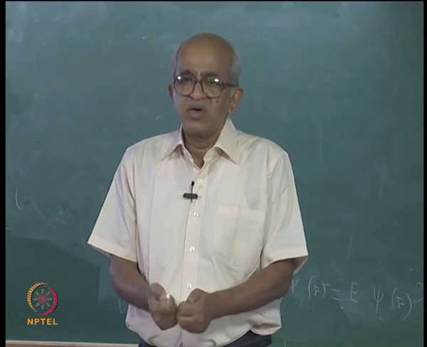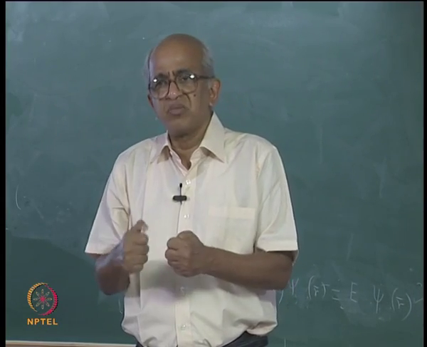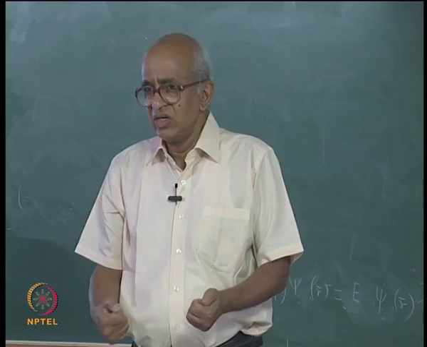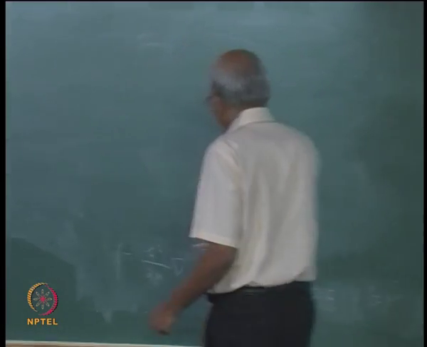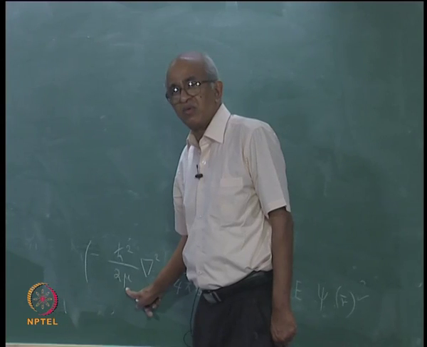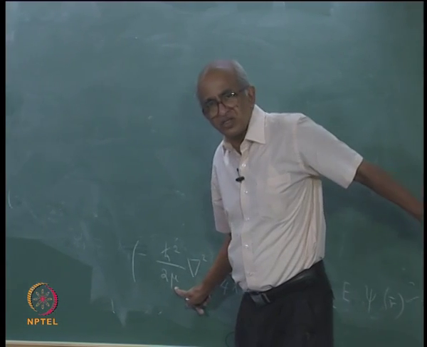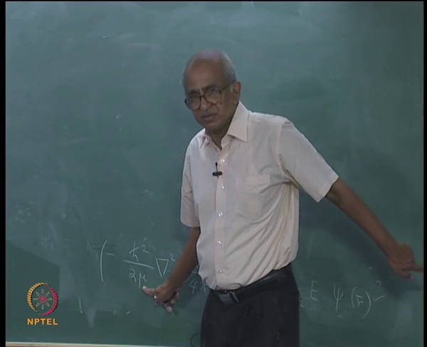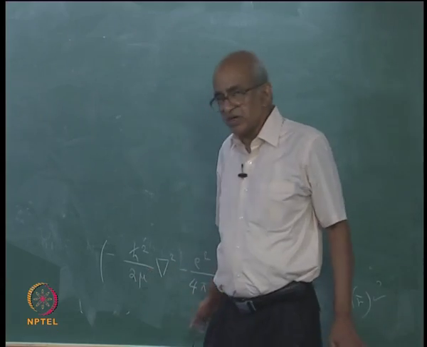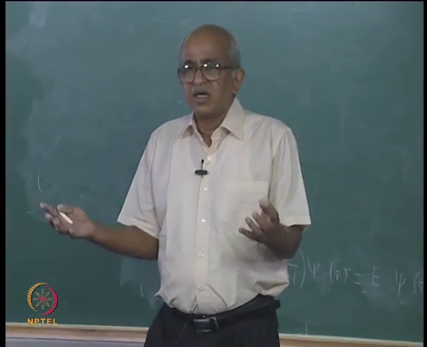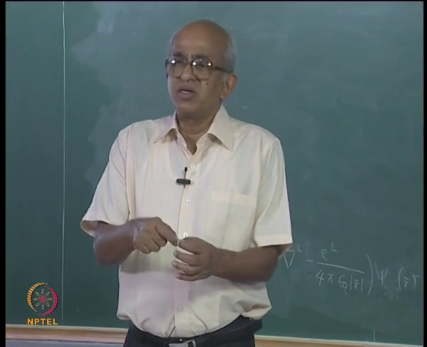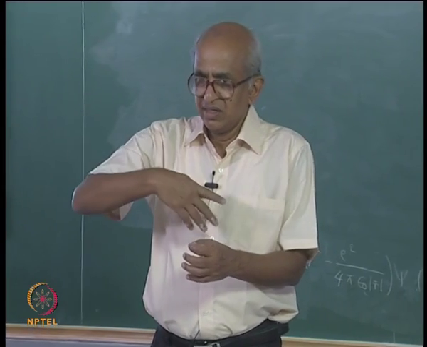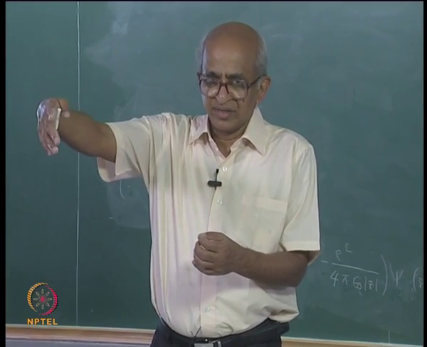But the only thing is that we actually have to account for relative motion, but relative motion means both the particles are actually moving, as I said yesterday, and that is accounted for by the fact that there is this mu. It is not actually the mass of the electron, but the reduced mass. So, this Hamiltonian is quite fine actually. I can imagine that the nucleus may be taken to be at the origin, exciting this Coulombic electrostatic interaction with the electron.